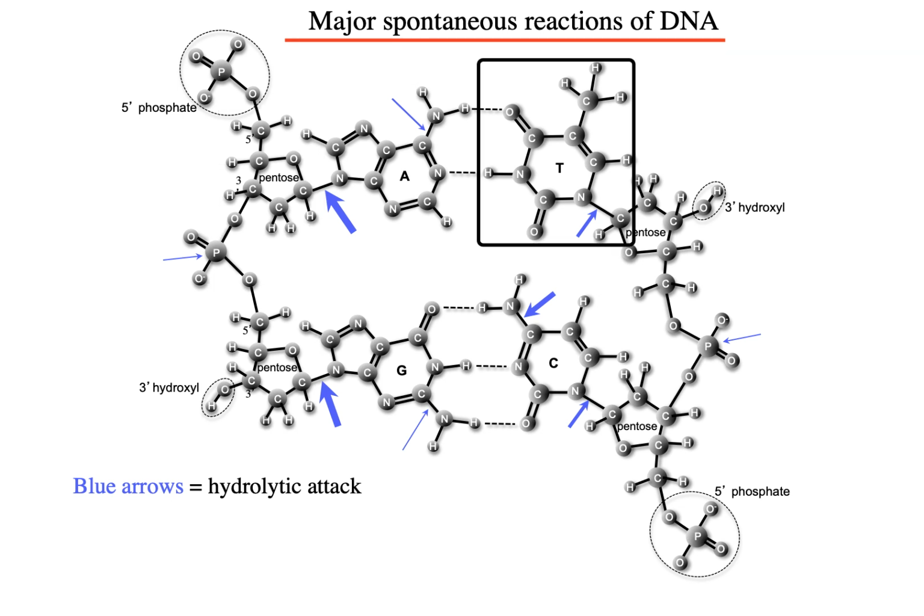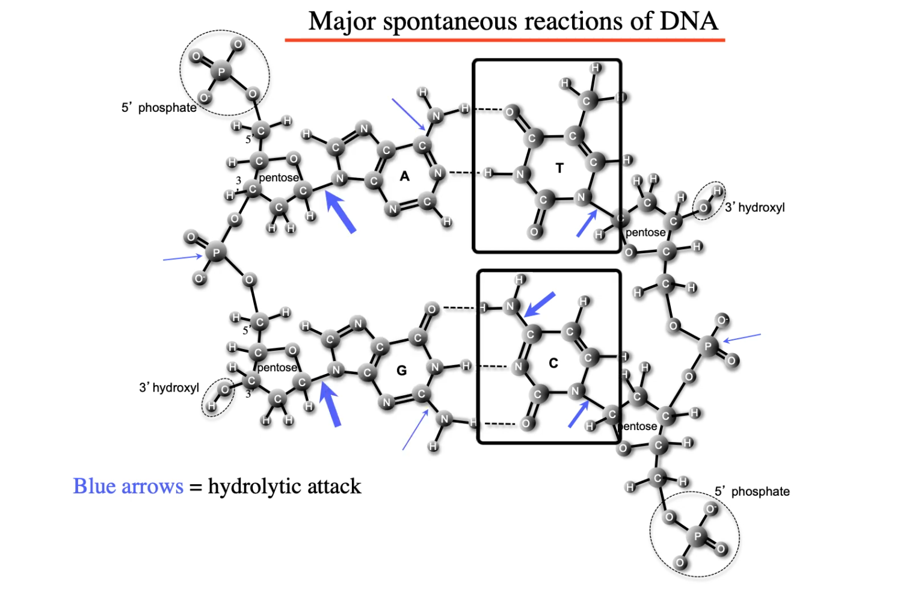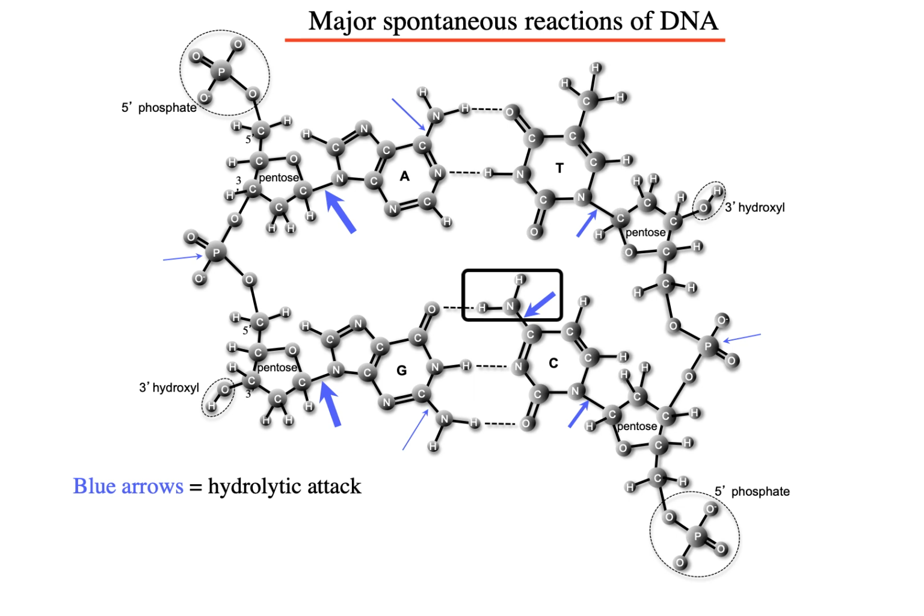So you'd have a T over here and no base over here, even though the structure of the DNA is still there. The same with guanosine. And to a lesser extent, you can get depyrimidization, forming pyrimidinic sites of a C or a T. There's also hydrolytic attack, often on the cytosine, removing that amino group.